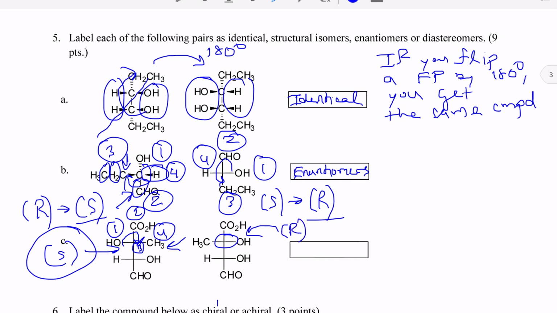Now let's evaluate the bottom stereocenter in both of these compounds. So again, assigning priorities, we get the following. Let me just clean this up because it's a little messy.